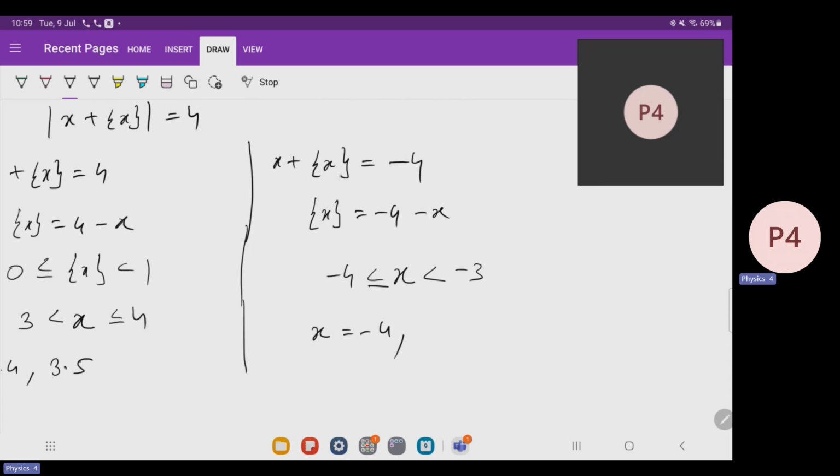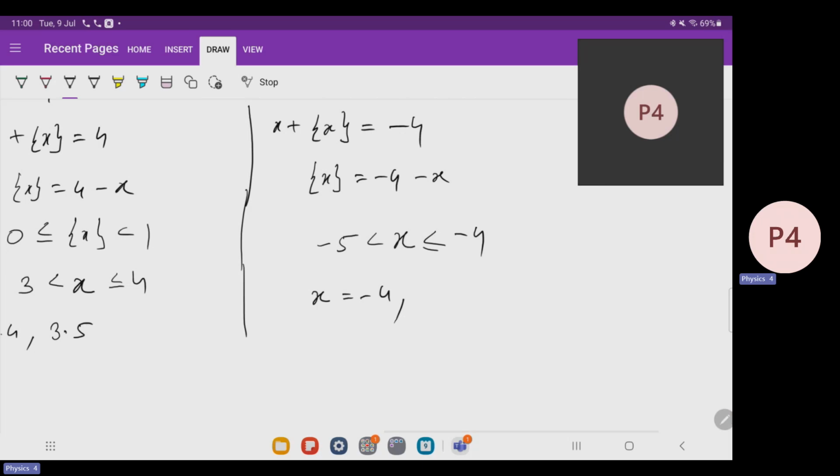The next integer, in fact, is not in the range of this. If you put minus 4, it will work, and the next is going to be minus 5, which is not in the range.